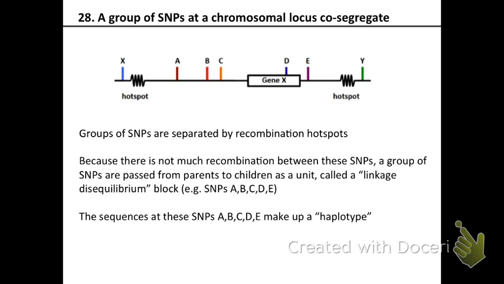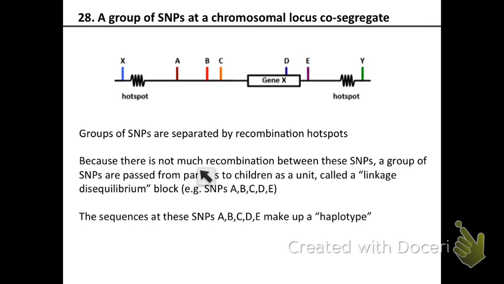So every time meiosis occurs, this little block here gets segregated to one chromosome or not. So the sequence at the A location, B location, C location, D location stays similar, okay? So they're just segregated by blocks.